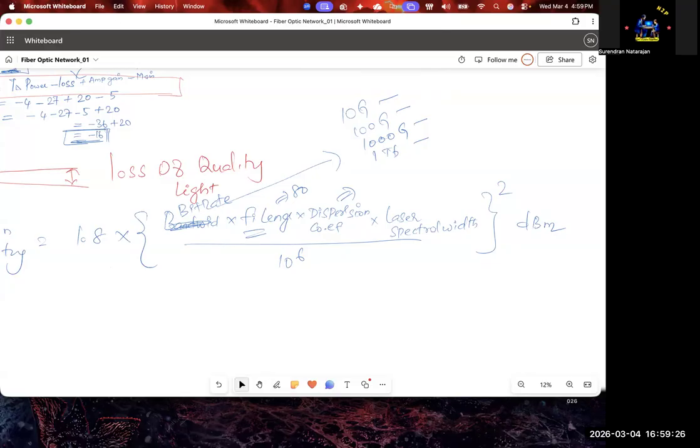This value they have in a table. I will give you the table. It usually comes like 1.6 into 10 power. Dispersion penalty, where is it?